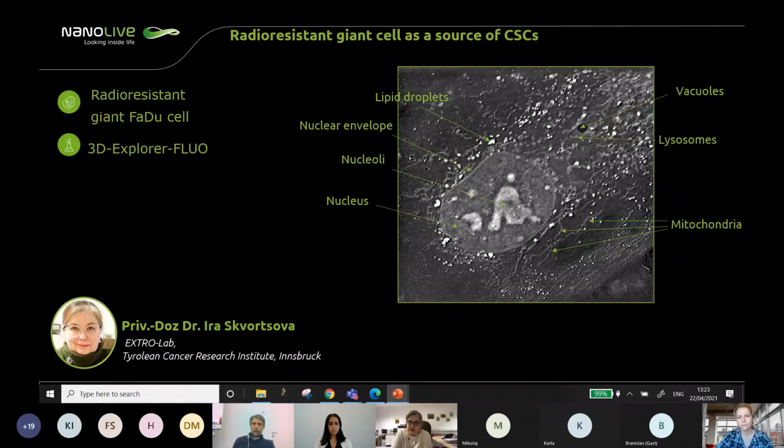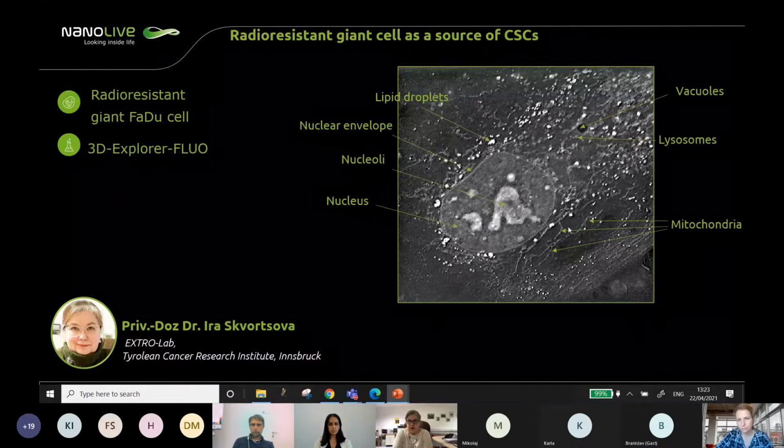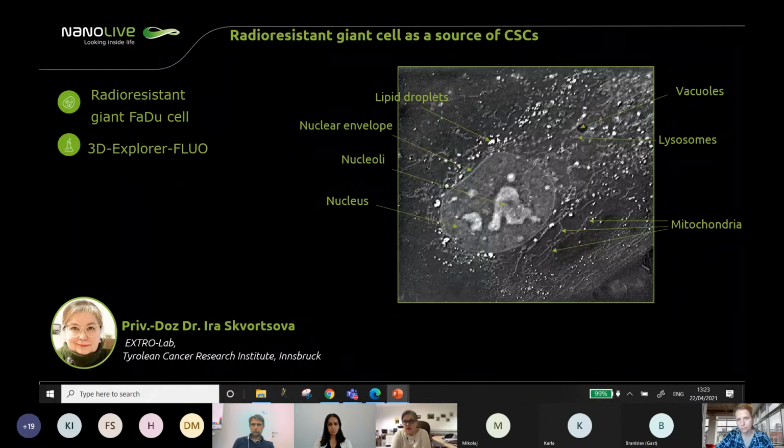And as I said, morphology could be very clearly observed in the giant cells, and you can see the tubes of mitochondria, a nucleus, nucleoli, nuclear envelope, lipid droplets, and also we see the vacuoles.